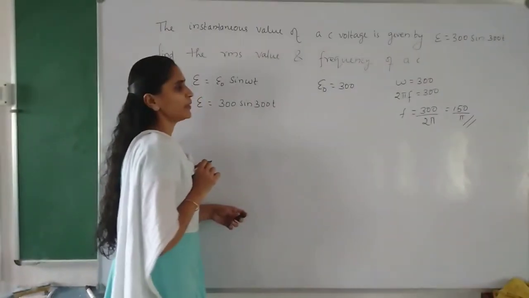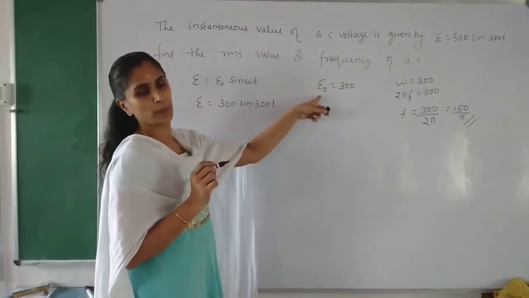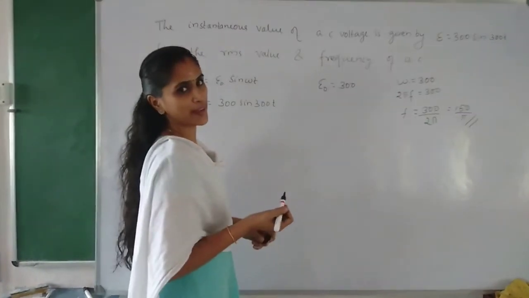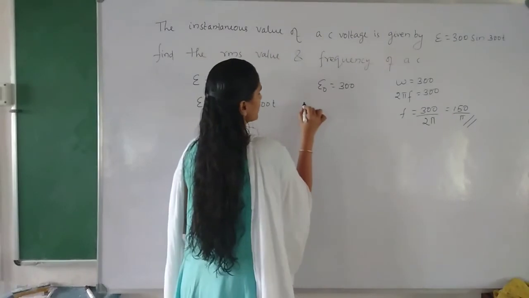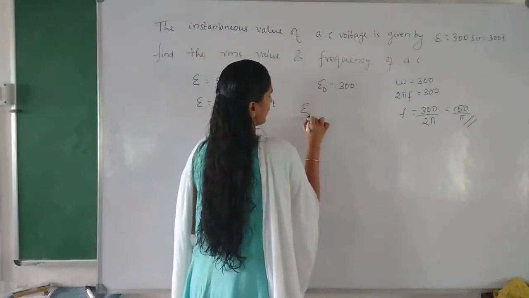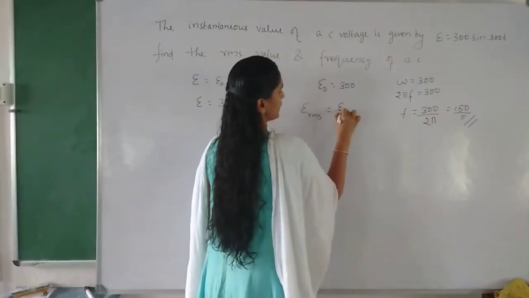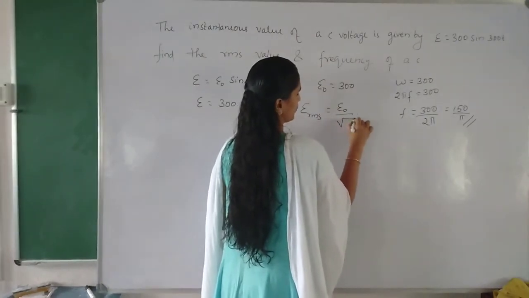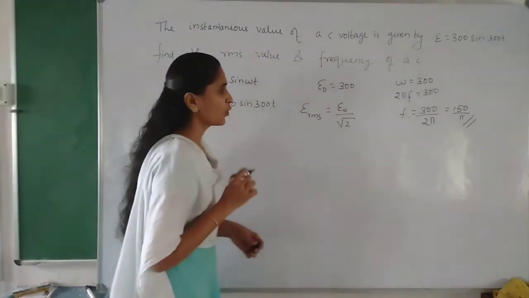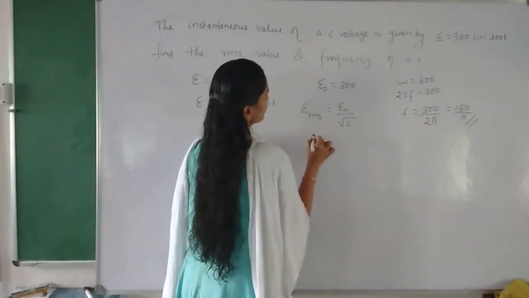You got the peak value, and how to find the RMS value? RMS is equal to V0 by root 2.